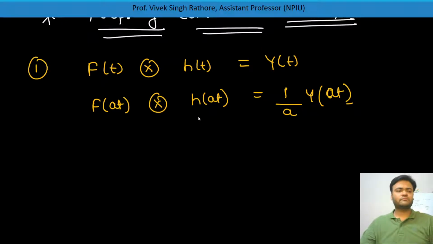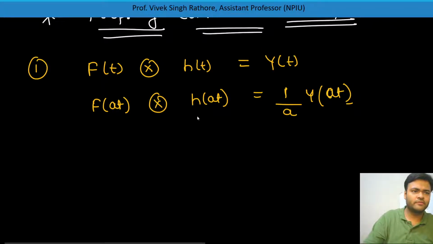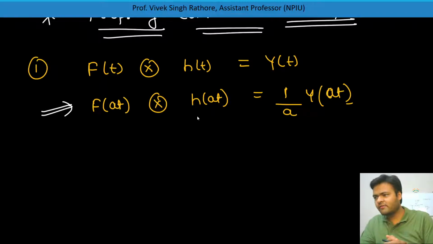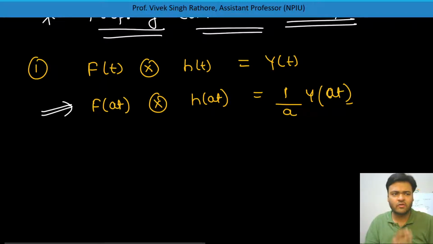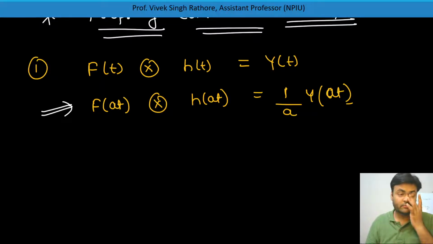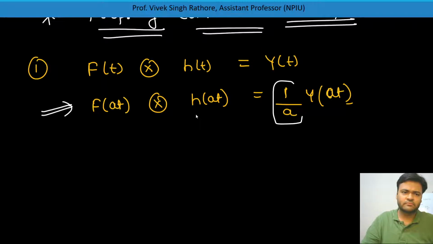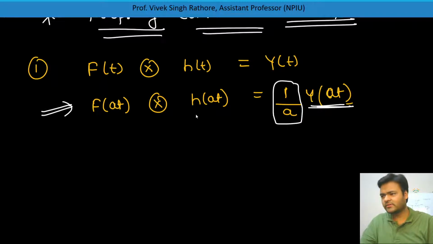So this is your first property: whenever a signal is time scaled and your impulse response is also time scaled with the same scaling factor, the output will have the factor 1 by a and will also be time scaled by a. This is the time scaling property of convolution.